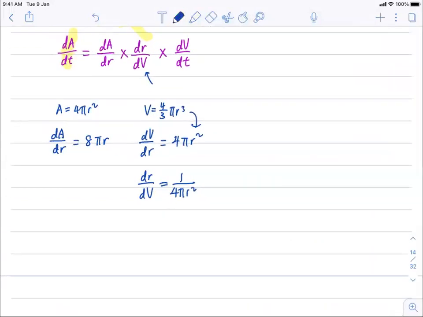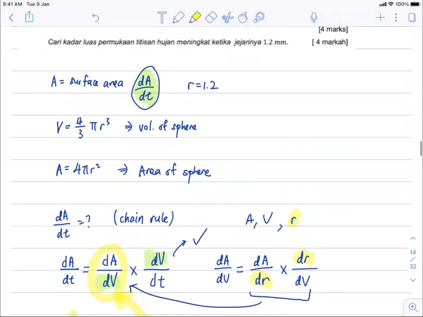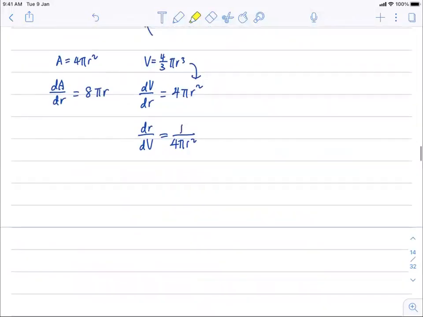And the question tells us r is 1.2. So substitute in, r is 1.2. dA over dr is equal to 8 pi multiplied by 1.2, equal to 48 over 5 pi.